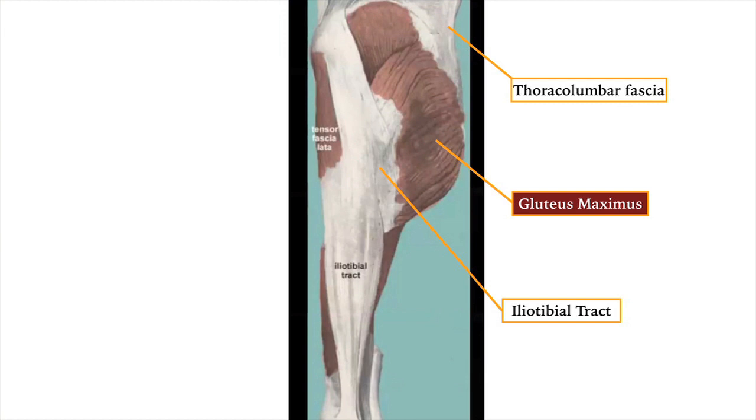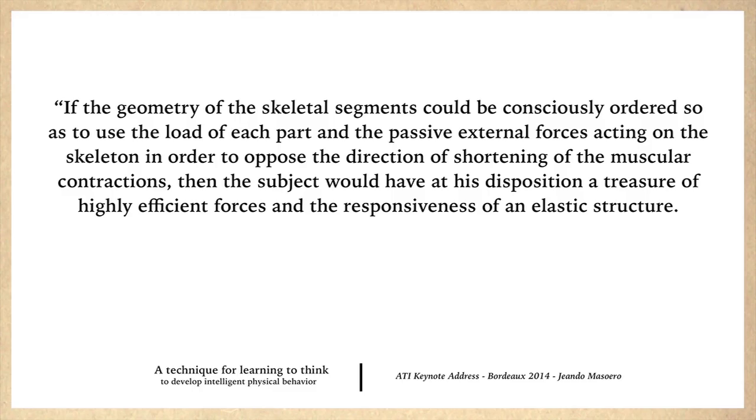be considered. If the geometry of the skeletal segments could be consciously ordered so as to use the load of each part and the passive external forces acting on the skeleton in order to oppose the direction of shortening of the muscular contractions, then the subject would have at his disposition a treasure of highly efficient forces and the responsiveness of an elastic structure.